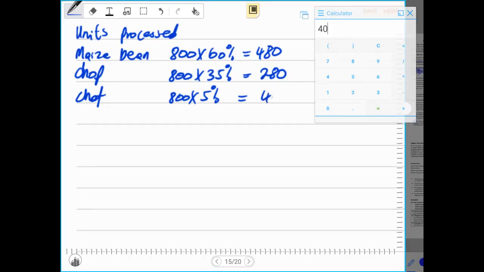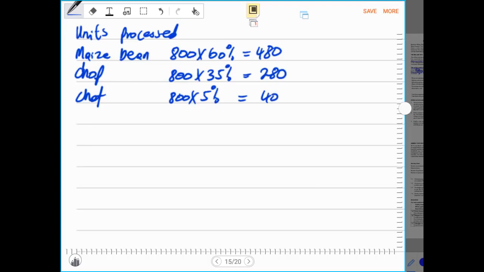It gives us only 40 units per ton. 40 units. So now this will be the number of units that were processed, or the number of tons. 480 units of ton. So this will be in ton.